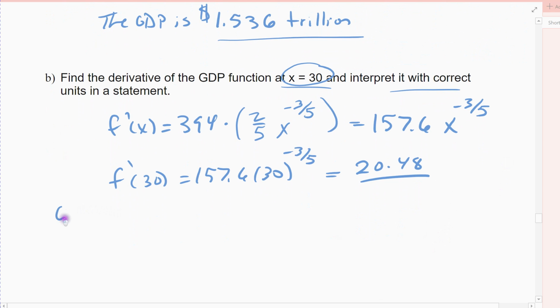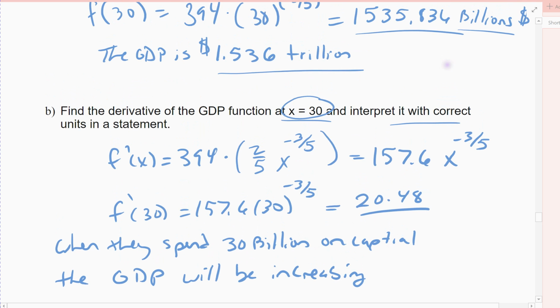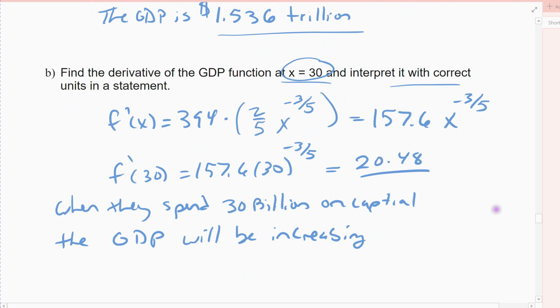Alright, so when they spend 30 billion on capital, this is the interpret part, the GDP will be increasing because it's positive. We know what it is. It's 1.5 trillion, but how fast is it growing? That's the second part. So it's currently at 1.5 trillion, and then this is how fast it's growing.